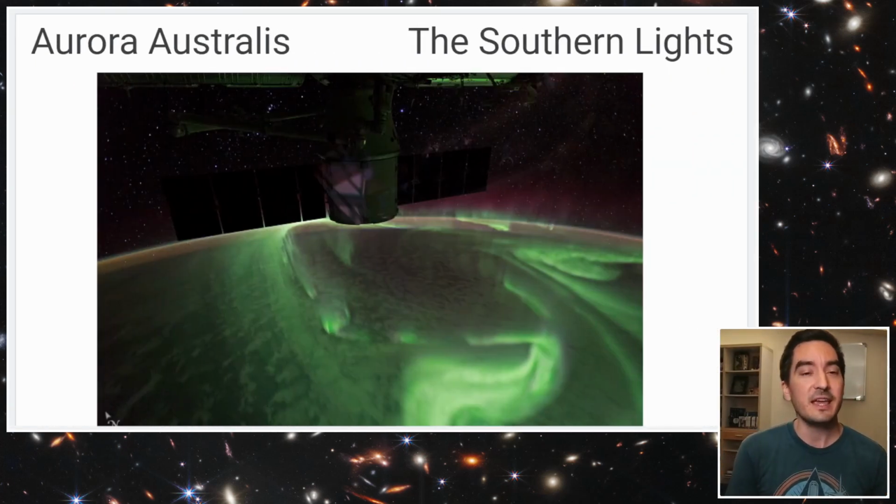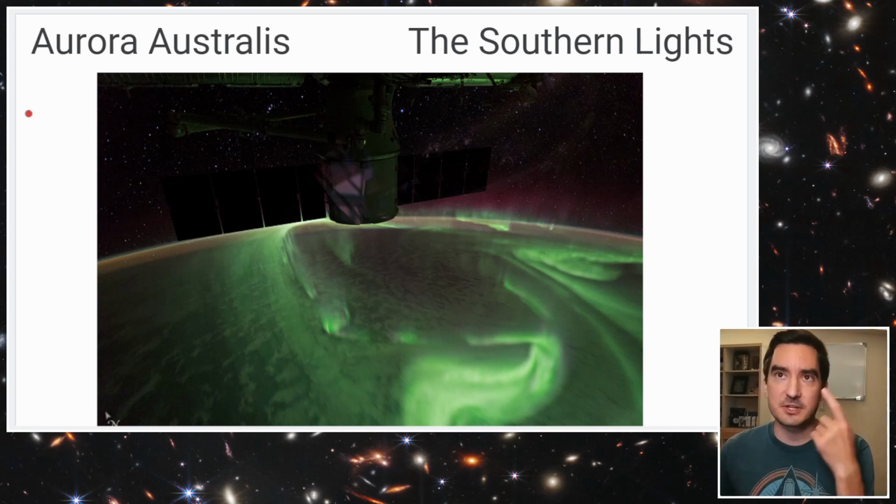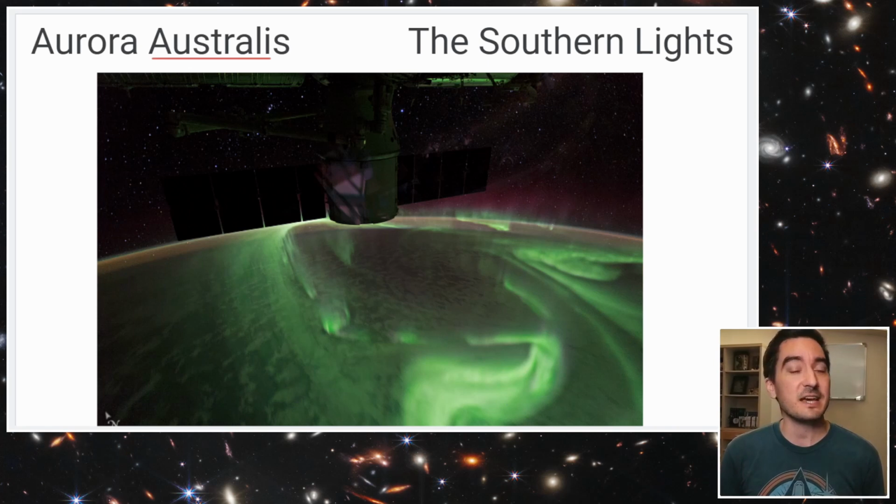In the south, it's called Aurora Australis. Again, a weird, tricky name, but you can see and hear where the name comes from. It almost looks like Australia, right? But it's actually Australis. And that's because Australia's in the south.